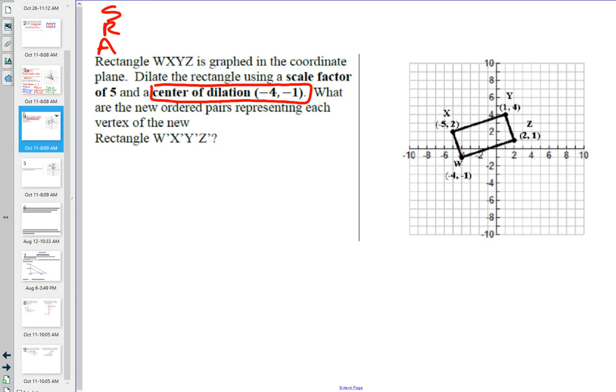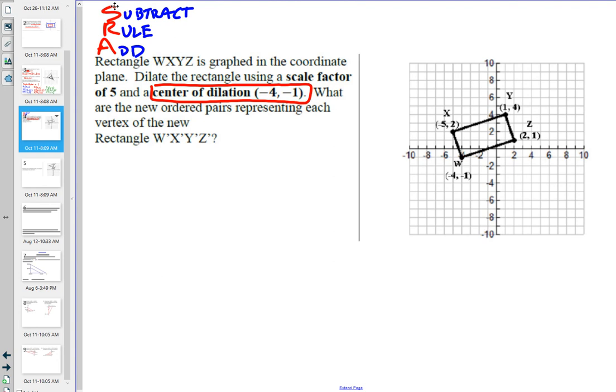When your center is not the origin, SRA stands for subtract, rule, and then add. This also applies for rotations, as rotations and dilations are the two that occur around a point.